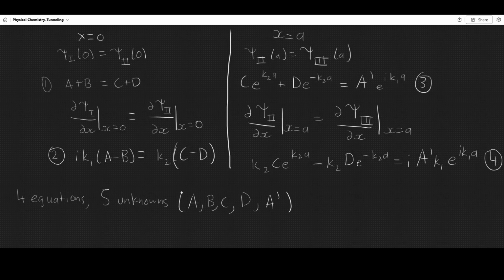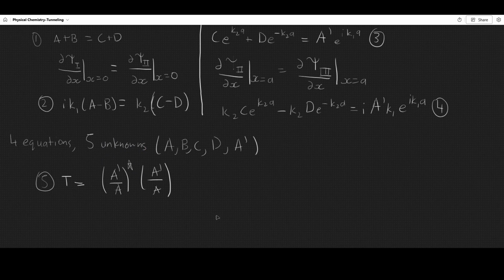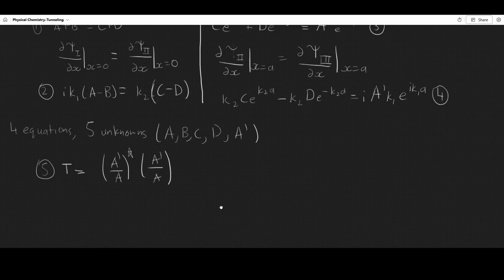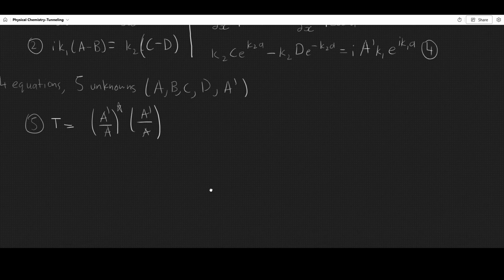Well, we also have the transmission coefficient, which basically says that we have this. Okay, and so now we have our five equations, five unknowns. You can go ahead and punch this through a solver, but I'll just give you what this gives.